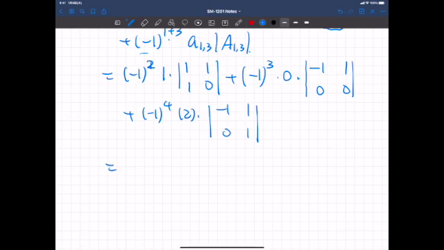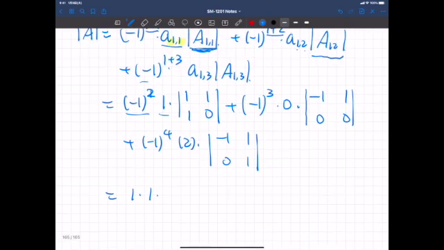Now, this is 1 times the determinant of a 2 by 2 matrix. We could go back to 1 by 1 matrices, but we already know the determinant of 2 by 2 matrices: this times this minus this times this. So that is 0 minus 1. And the second term is 0 because a_12 is 0.